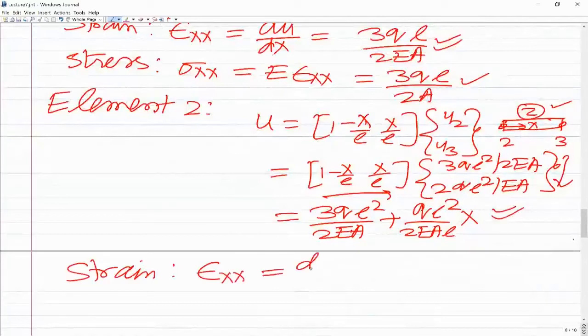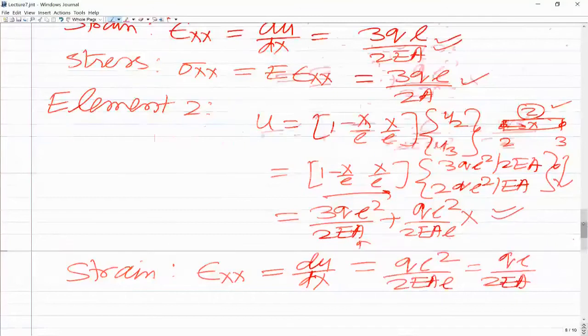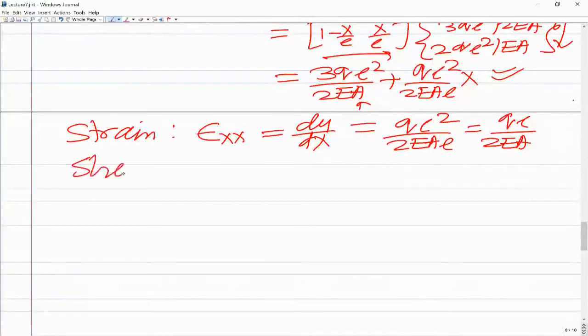And then the strain similarly for the second element, epsilon xx is equal to du by dx. So this will come out as, this is a constant term, this is only a function of x, so you will get qL square upon 2EAL, so you can write that as qL upon 2EA. And if you look at stress, sigma xx will be equal to E times epsilon xx.